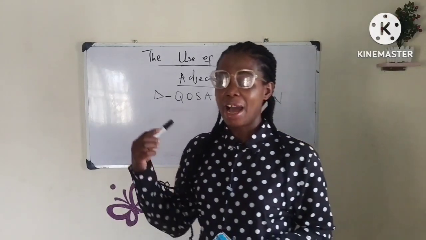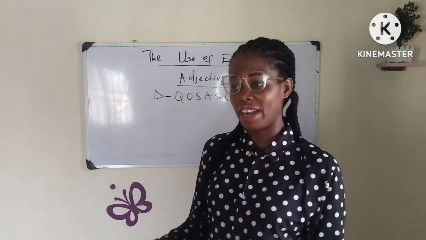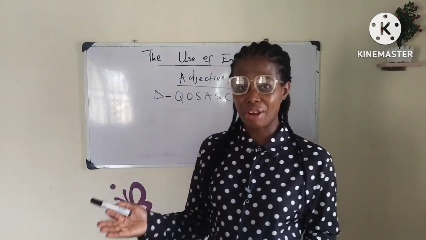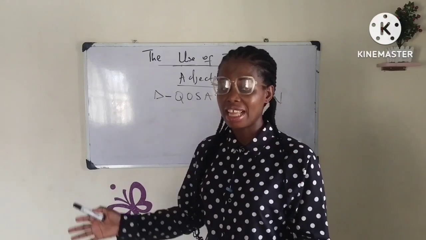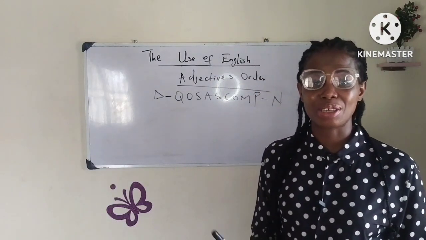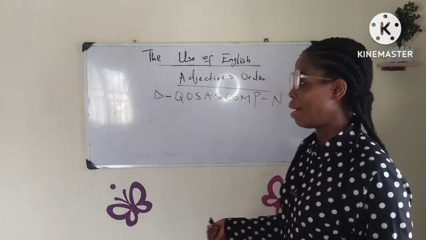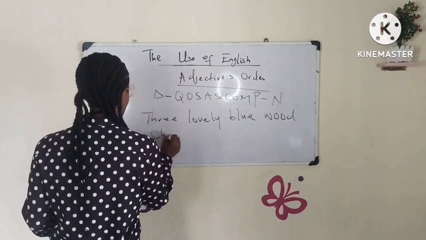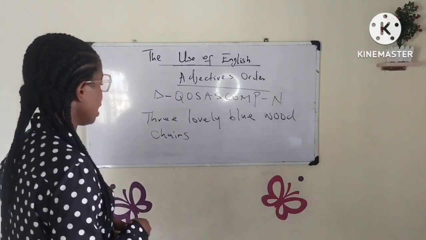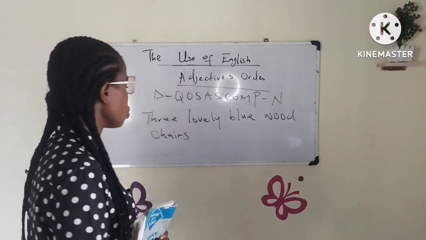Like I said, adjectives order is a way of arranging multiple adjectives in a sentence for it to be correct. There's a pattern in the English language that you have to follow to arrange multiple adjectives in a sentence for it to be considered correct. Now, let's take for example, chairs. Okay, we have three lovely blue wood chairs.